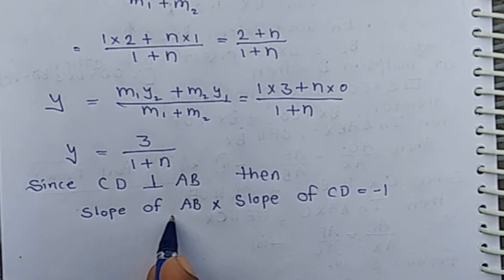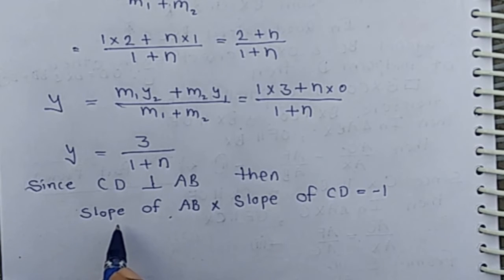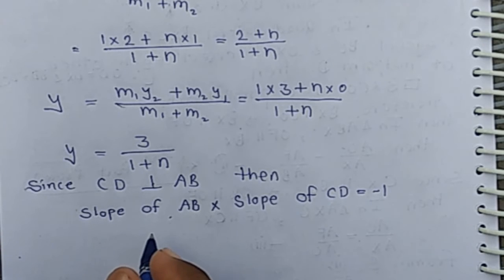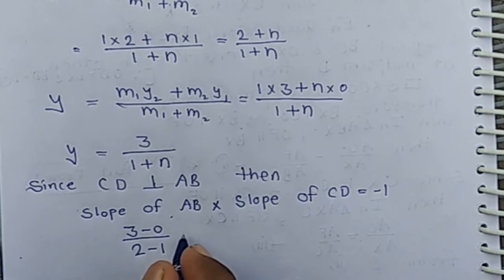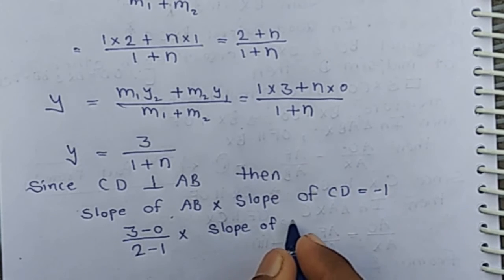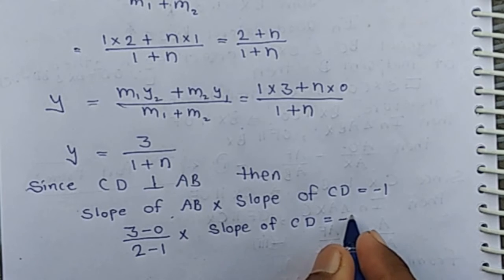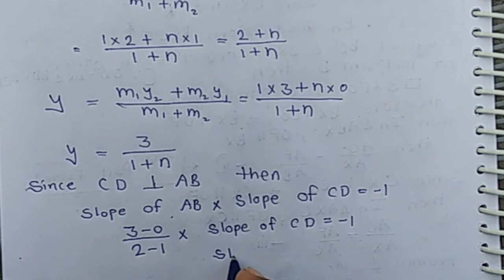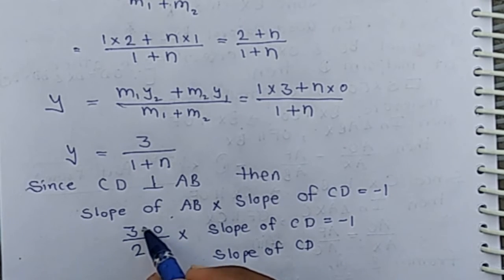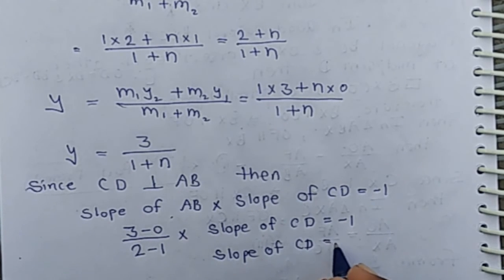Slope of AB, a line passing through (1, 0) and (2, 3), is given by (y2 minus y1) upon (x2 minus x1), meaning (3 minus 0) by (2 minus 1), into slope of CD, which is unknown, equals -1. Then slope of CD is equal to -1 by 3.